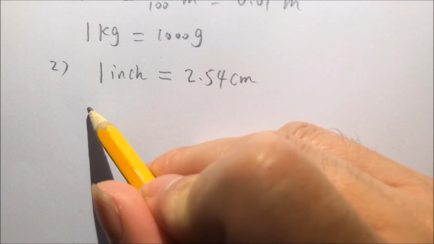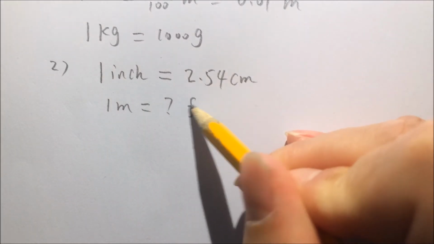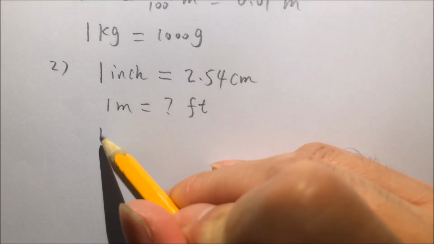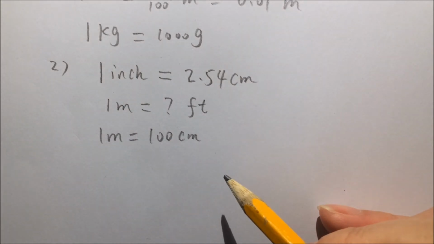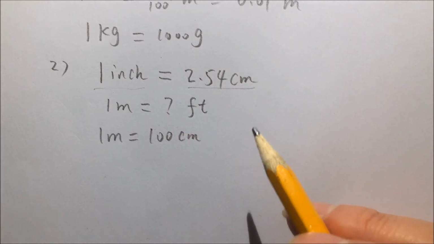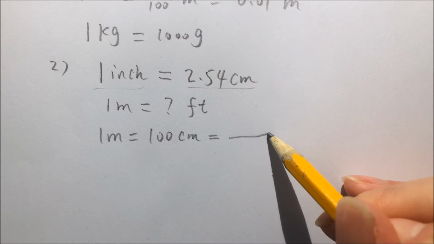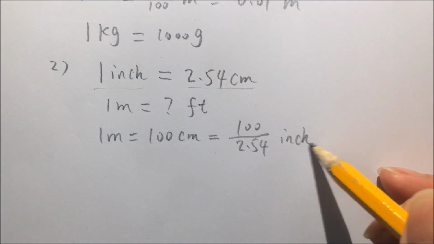Let's see how many feet in 1 meter. Let's do that conversion. 1 meter is equal to 100 centimeter. Well, you know, 1 inch is 2.54 centimeter. To convert centimeter to inch, you have to divide by that factor. You get that much of inch.